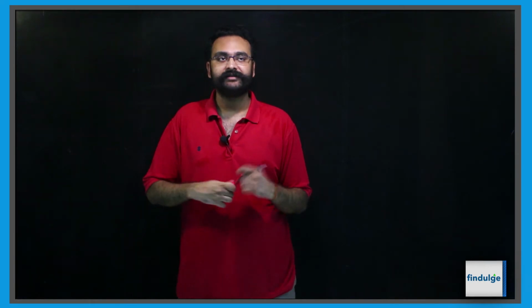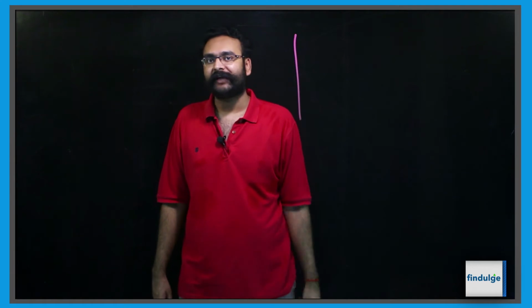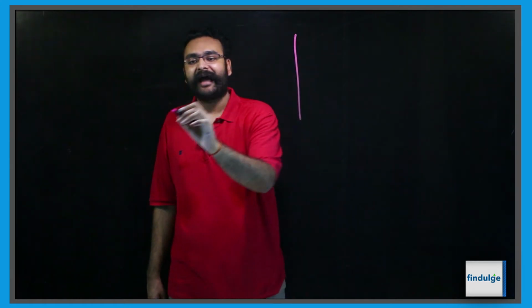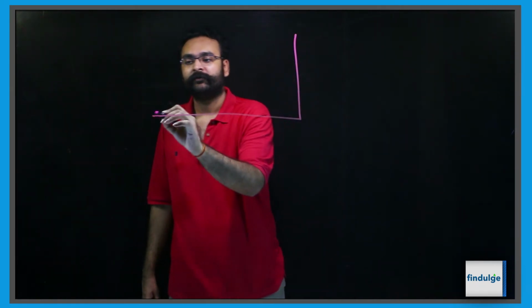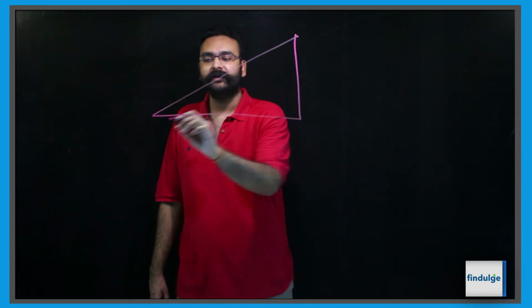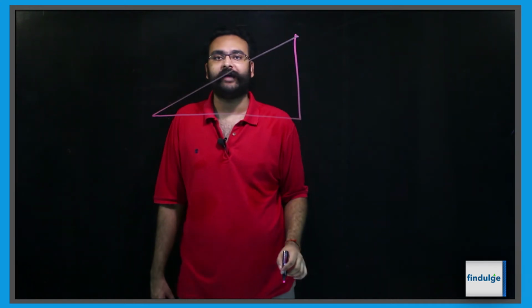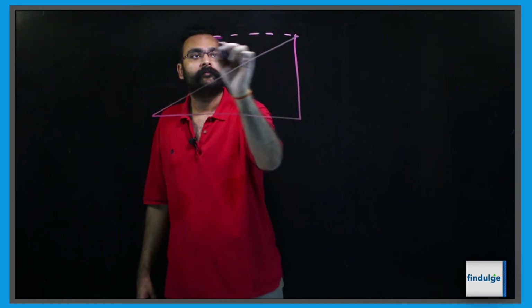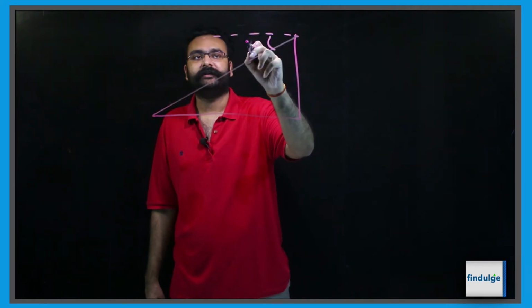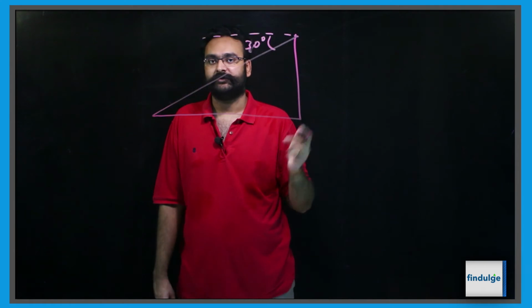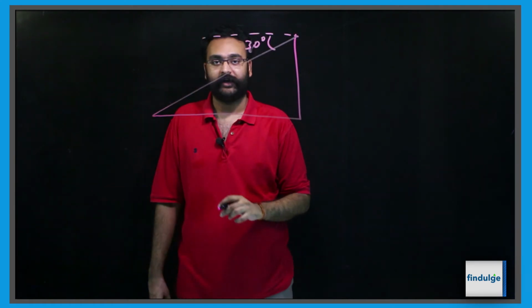So the question says there is a tower, and from the top of the tower someone observes a car at an angle of depression of 60 degrees on the road to the foot of the tower. So someone observes that of 30 degrees, not 60 degrees, of 30 degrees to the foot of the tower.